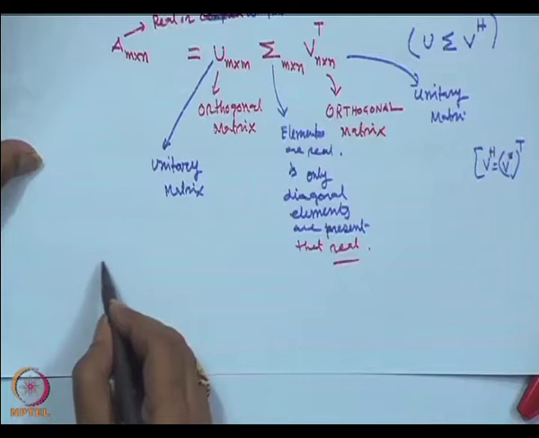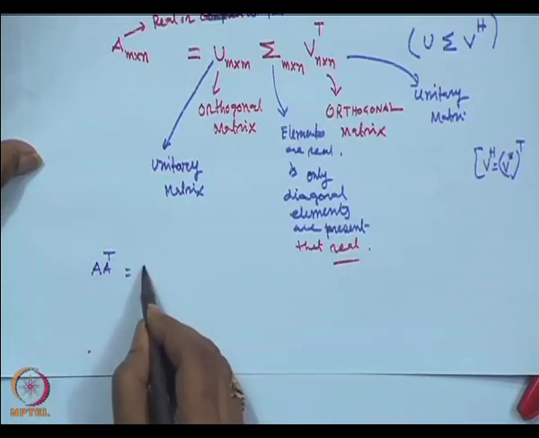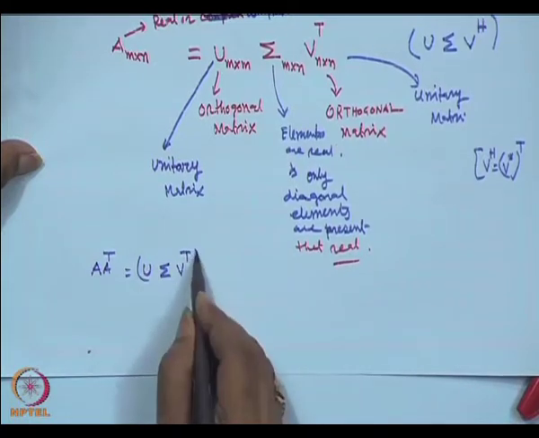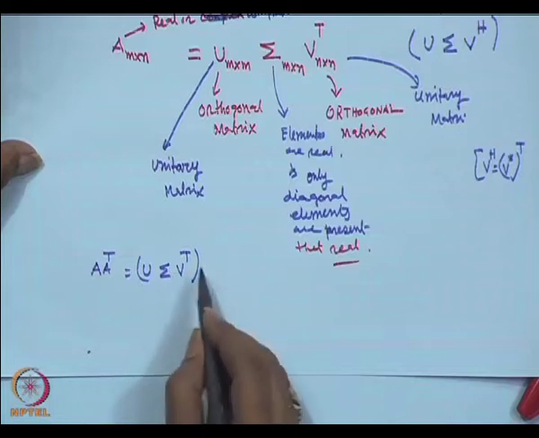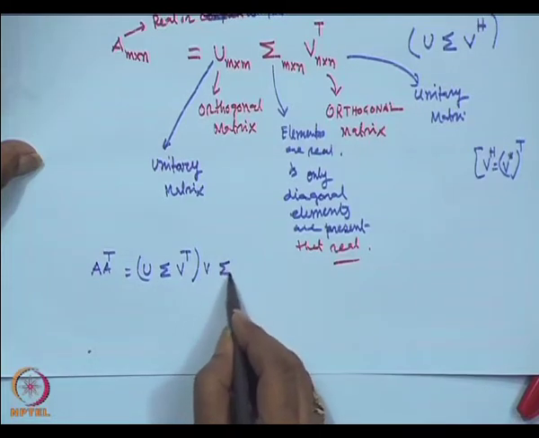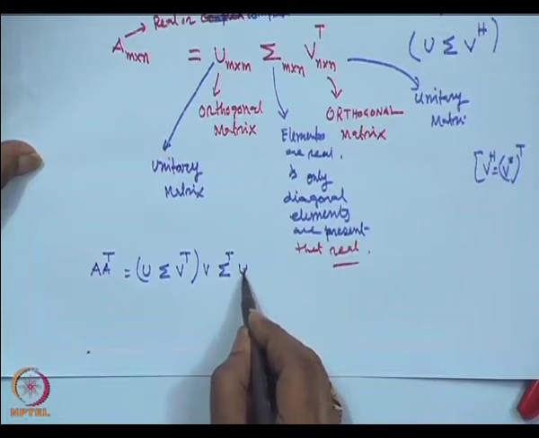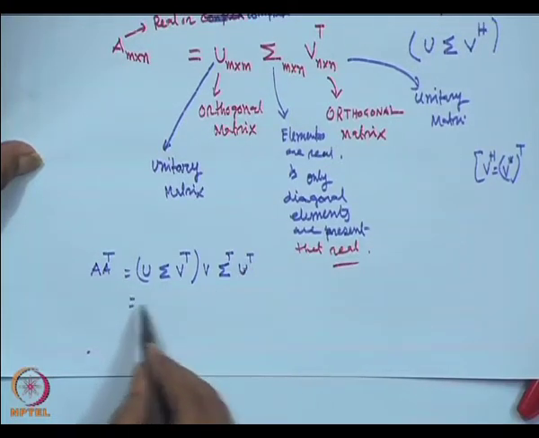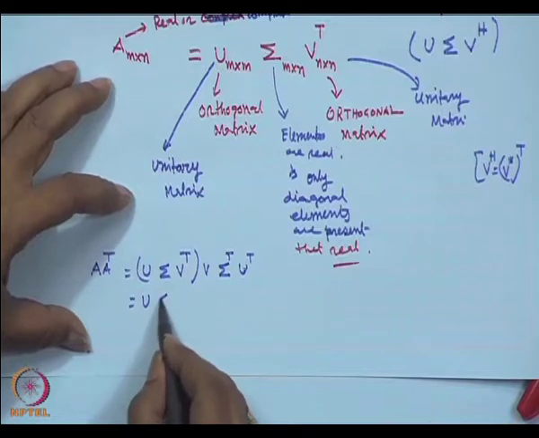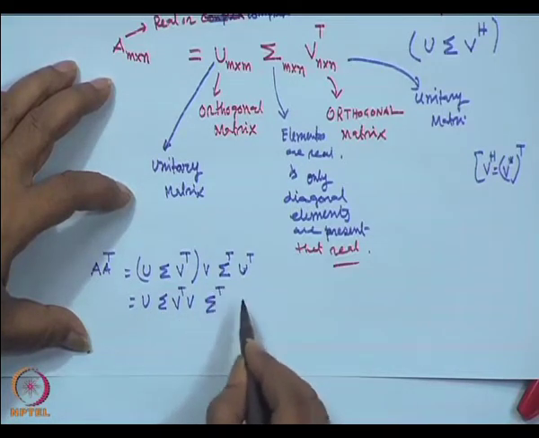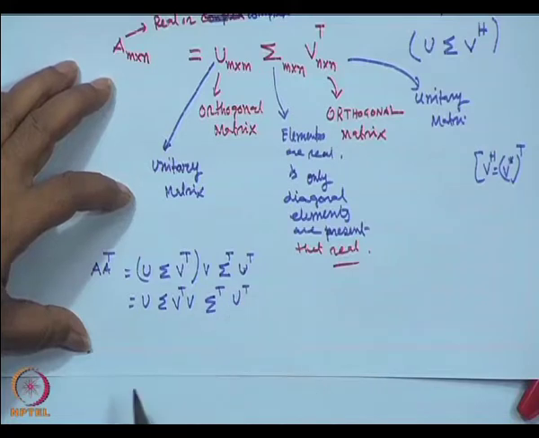How? You see, suppose real case, I multiply A into A transpose. A is U sigma V transpose. A transpose is, in reverse order, V sigma transpose, then U transpose. Now, you see U sigma V transpose times V sigma transpose and U transpose.